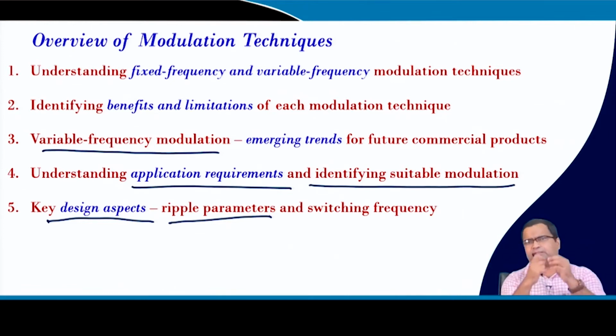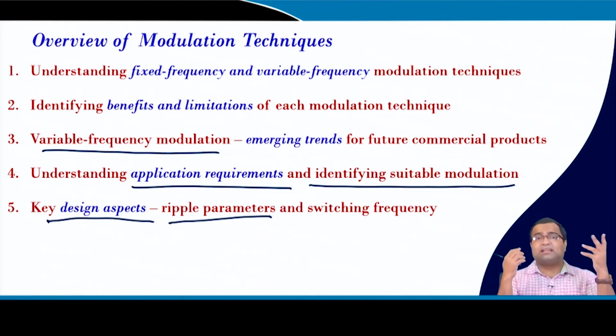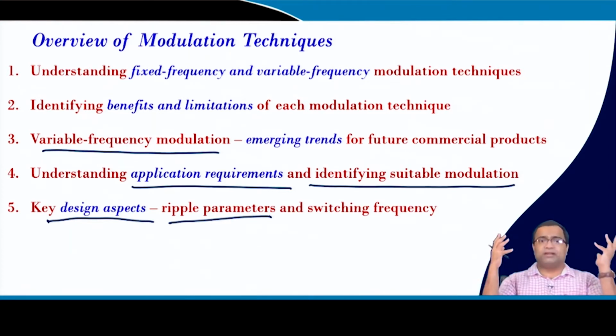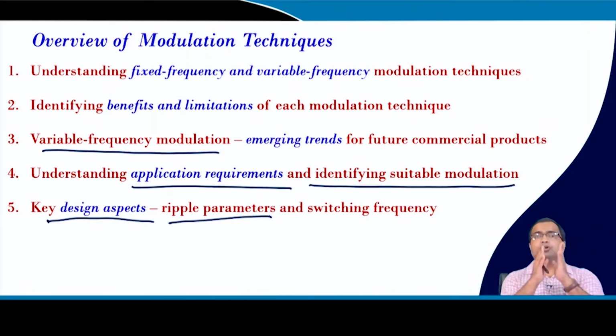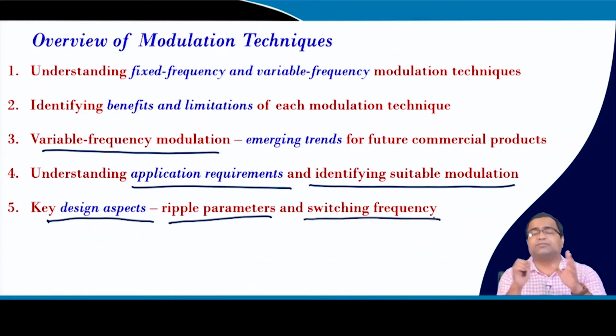Similarly, we cannot have a very low ripple, because that will increase the switching frequency, and that may not be acceptable because switching loss will dominate. So from a loss point of view, we need to decide which modulation technique is optimal and how to design the power stage, and then how to regulate the frequency within certain bounds, whether the switching frequency variation is acceptable. If it is not, then we need to adopt a suitable mechanism to adjust the switching frequency also.